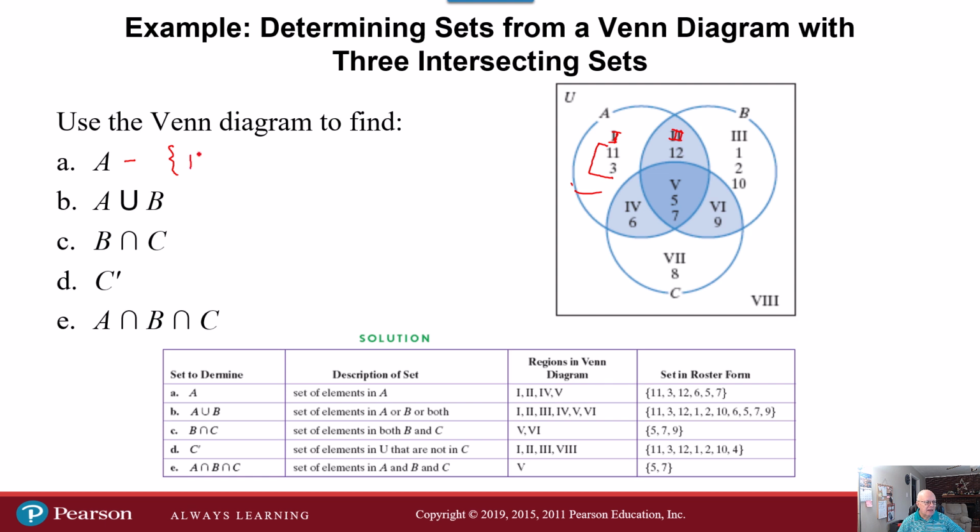A has 11 and 3, but it also has a section out here which includes 6. And it has 5 and 7, and it also has 12. There's set A.